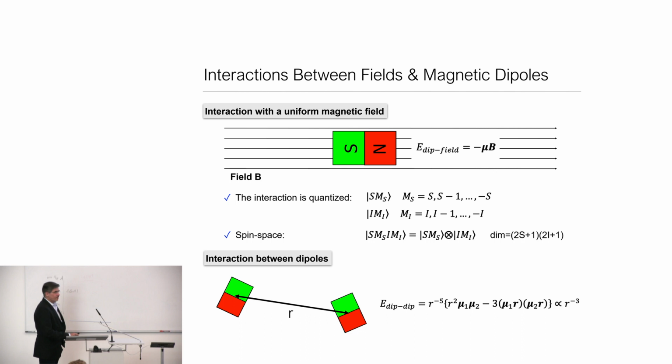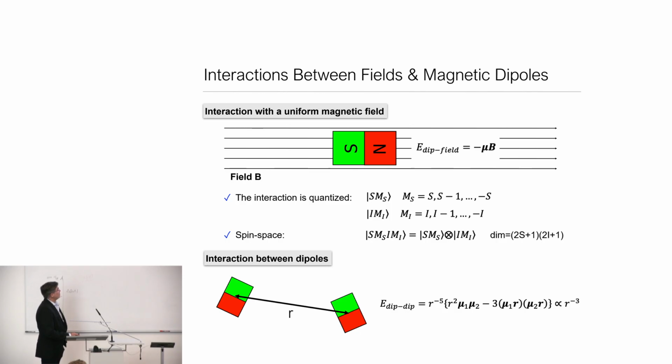Now what's weird about quantum mechanical magnets is that they cannot continuously rotate in the magnetic field; this interaction is quantized and there are only a few permissible orientations of the quantum mechanical magnet with respect to the external magnetic field.